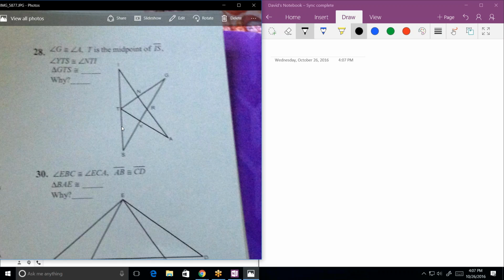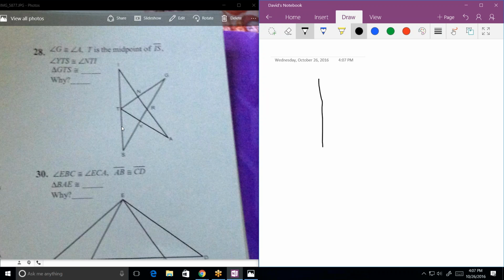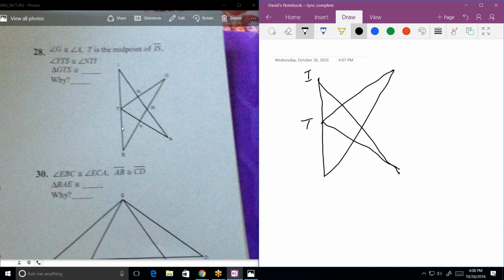I don't do well on these ones unless I draw them and can start labeling them, in which case I can kind of work out stuff. That's T, and that's, what's that letter? I?